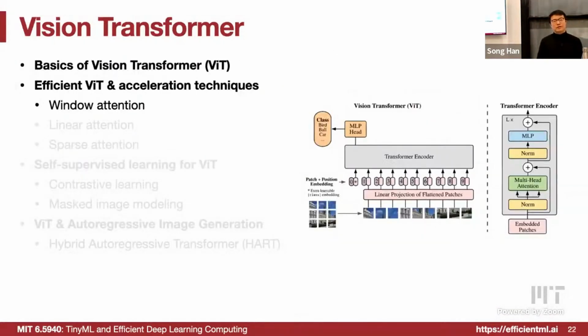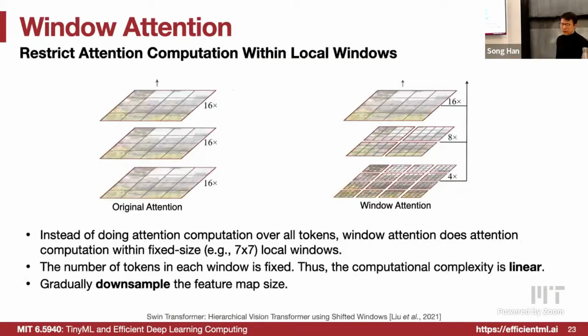So given those motivations, let's see what the ideas are to accelerate ViTs and make them more efficient, starting with windowed attention. Previously, we were computing attention across the whole image, so every patch in the image can attend to each other.